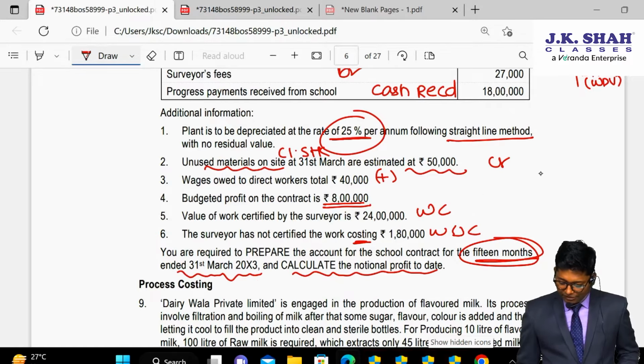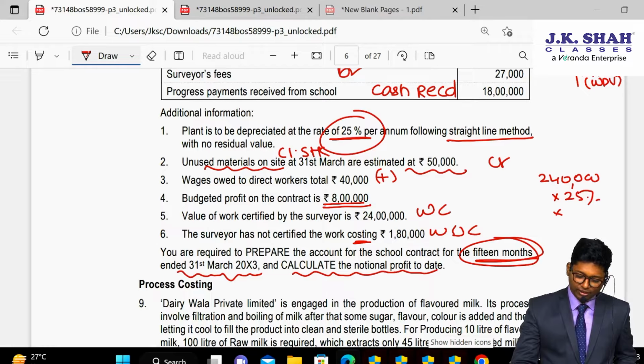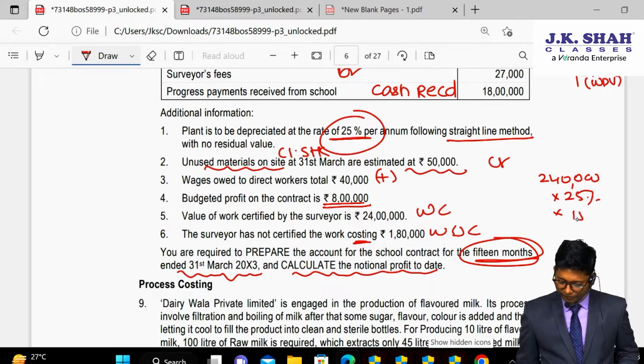Now depreciation if you are charging, then the original cost is 2,40,000. It is to be charged at 25% for 15 months. So 15 monthly calculation you need to perform, and when you calculate this you will be getting 15 monthly depreciation.